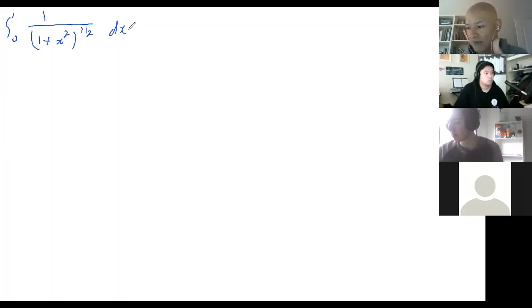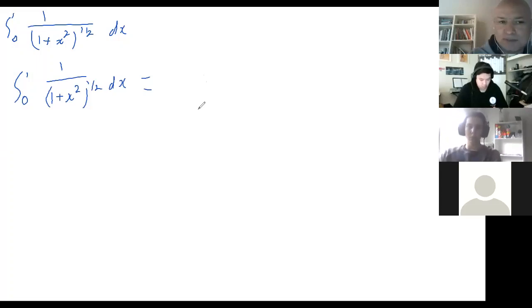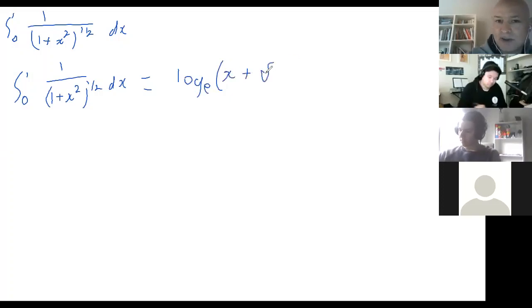Now we're going to use our above answers, because we know that when we integrate, the integral from 0 to 1 is there. I'm just going to keep it in. This will equal log e of x plus the square root of 1 plus x squared, between 0 and 1.